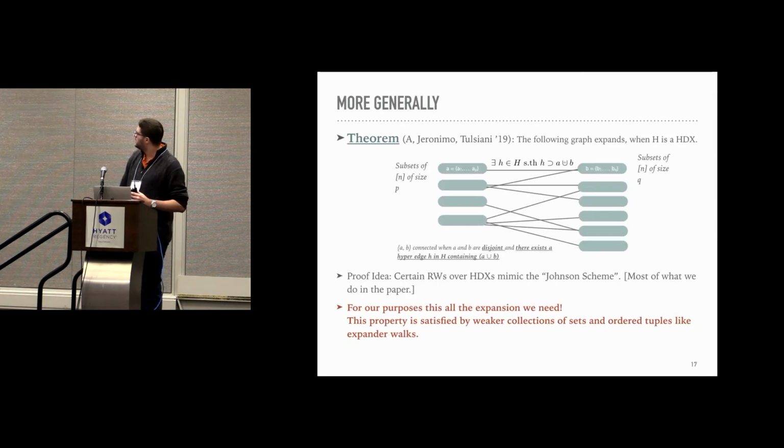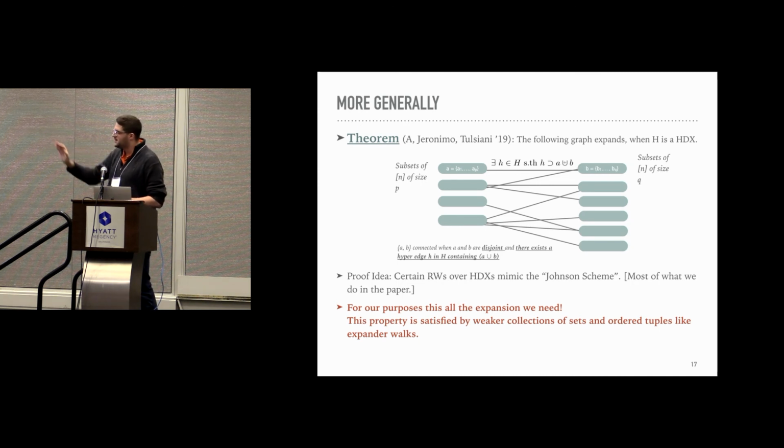Okay, so here's something that we show that is more general than this toy picture. And by the way, this expansion of the swap graph is the only reason why our argument works. Like, that's the only non-trivial thing I told you. So this is the more general version of that. So I'm going to consider the following graph. Again, I have a hypergraph H, k-uniform, on n vertices.